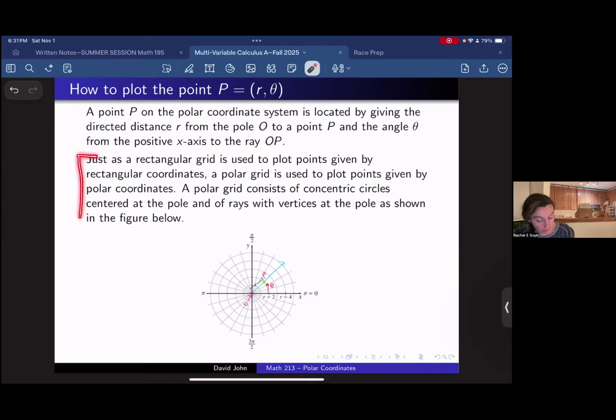Just as a rectangular grid is used to plot points given by rectangular coordinates, a polar grid is used to plot points given by polar coordinates.